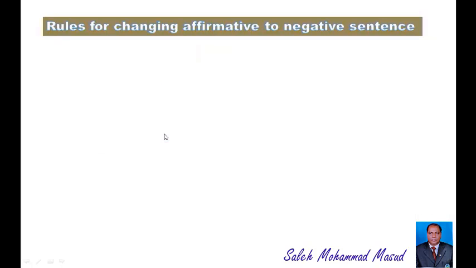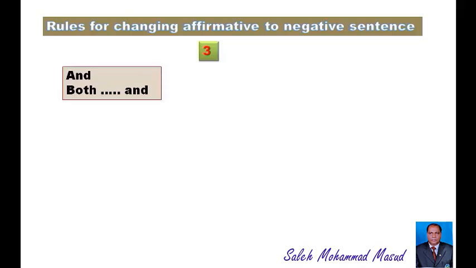Number 3. For making a negative sentence, not only but also is used in the place of and or both and.